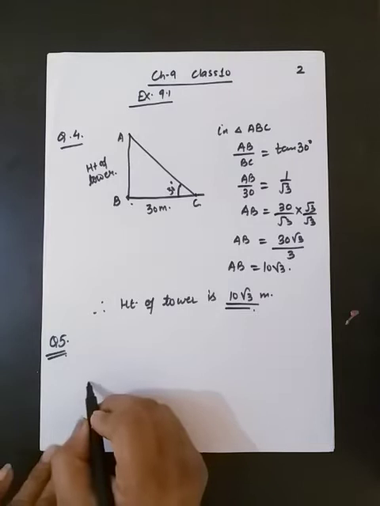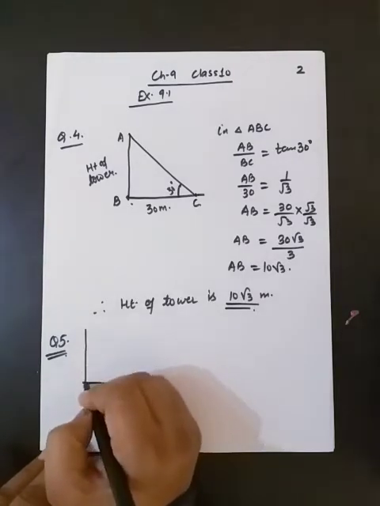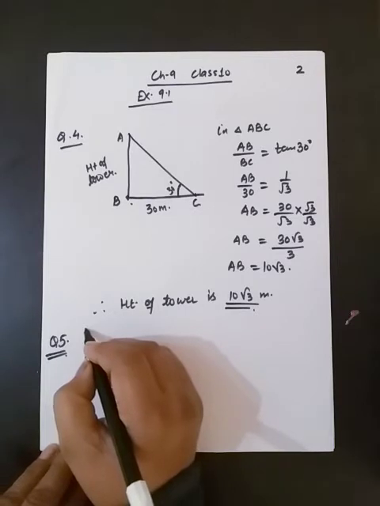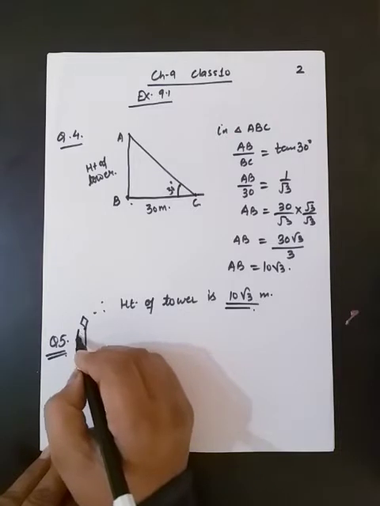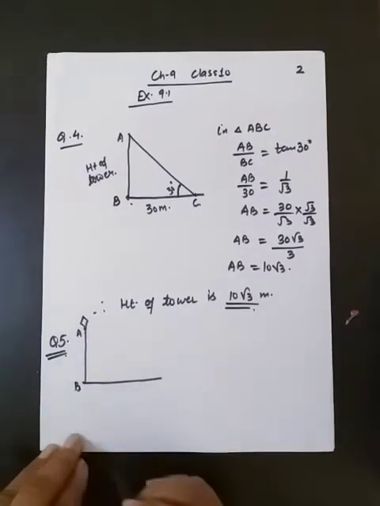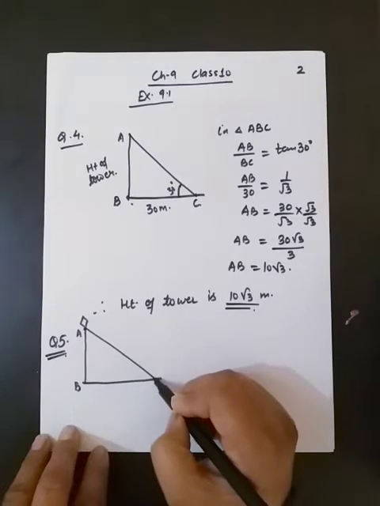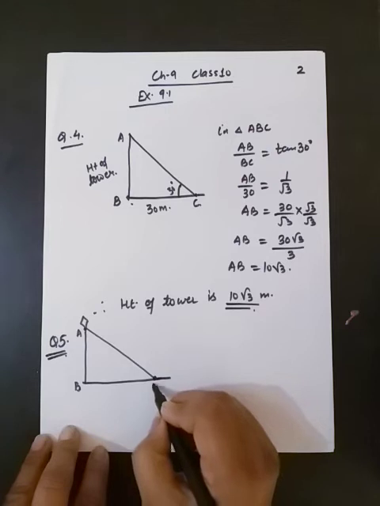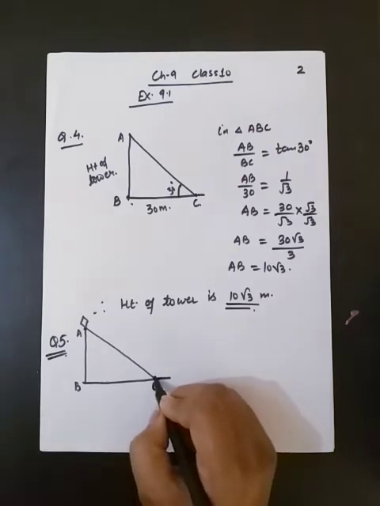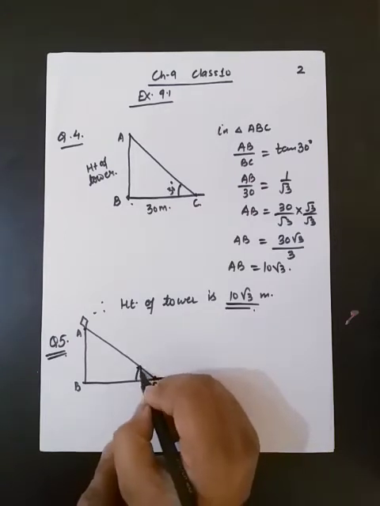Now this is the ground and let the kite be flying at this height. So AB is the height of the kite and AC is the length of the string, and this string AC we have tied to the ground at point C, and now the angle between the string and the ground is 60 degree.